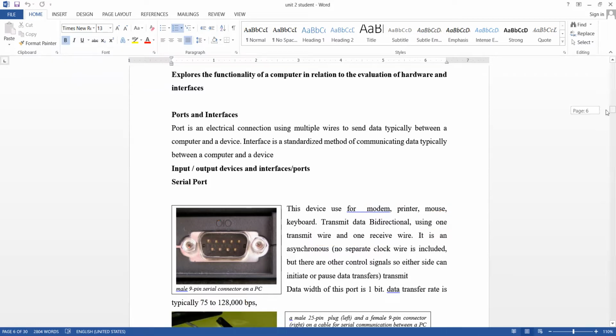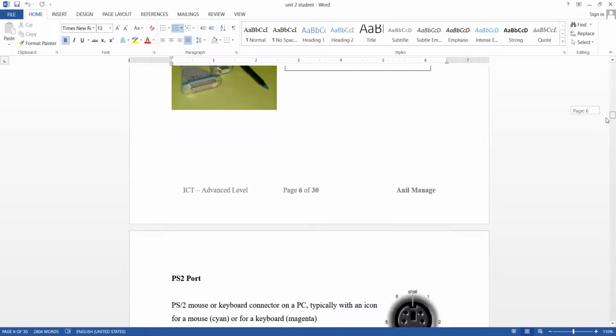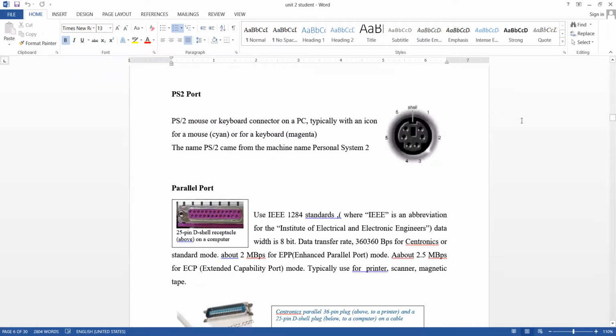Okay. Then if you see the PS2 port, the shape is different. It has a round shape. When connecting a mouse and keyboard, we use this PS2 port. Mouse is cyan and keyboard is magenta. There are two colors, especially when you are plugging them in.